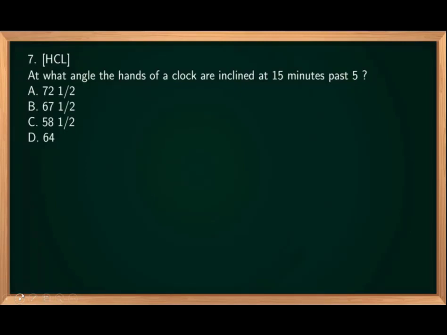Okay, let's go. At what angle the hands of a clock are inclined at 15 minutes past 5? That means time is 5:15.